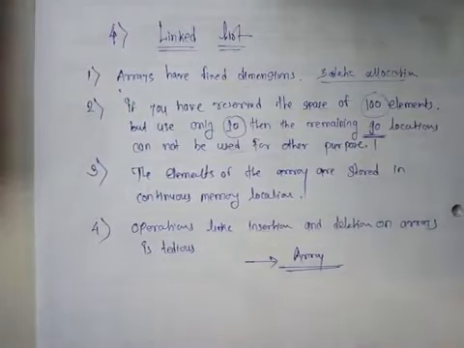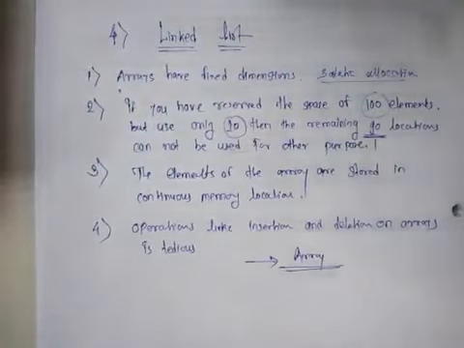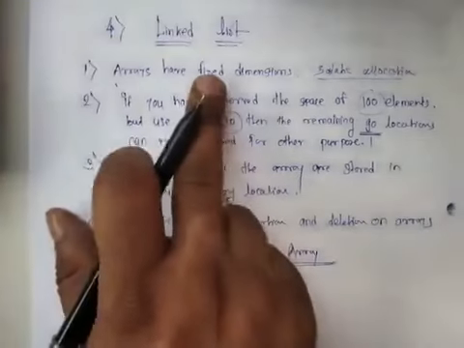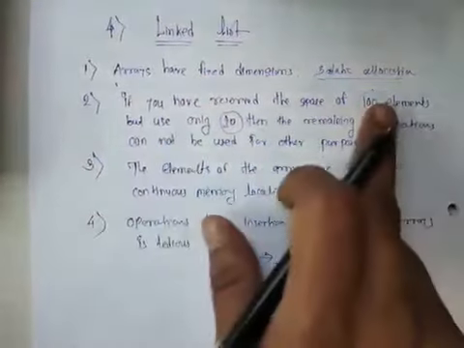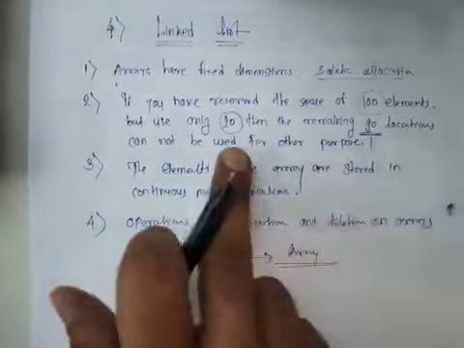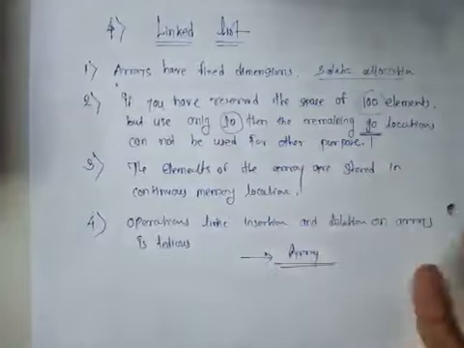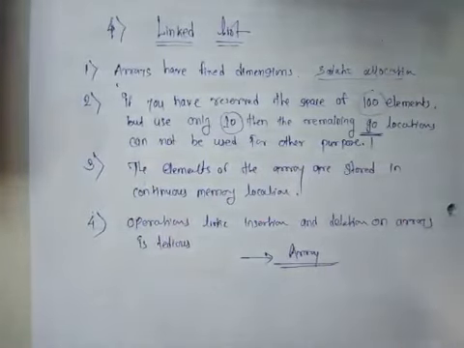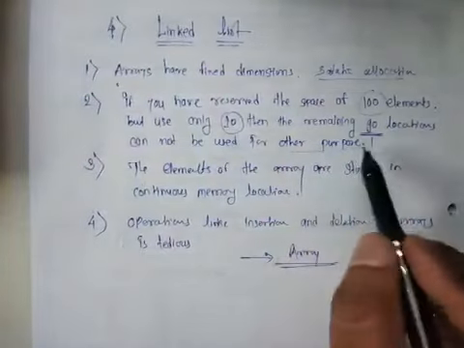The major problem is this. If you allocate 100 memory locations and use only 10, then 90 will be wasted. We cannot use those 90 locations for other purposes, meaning any other operation you are going to perform.